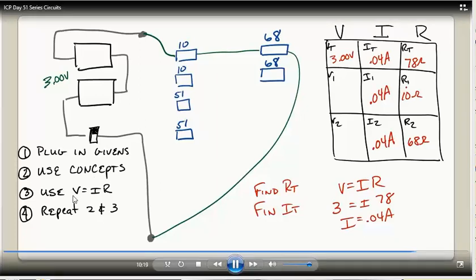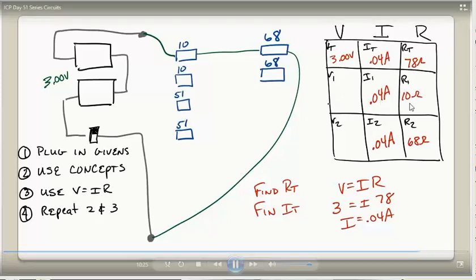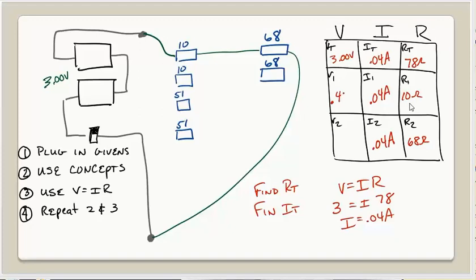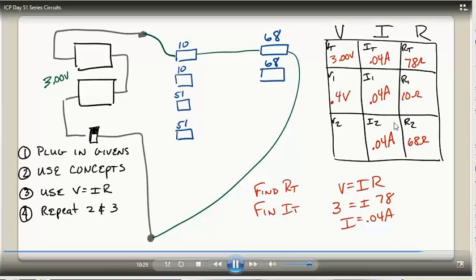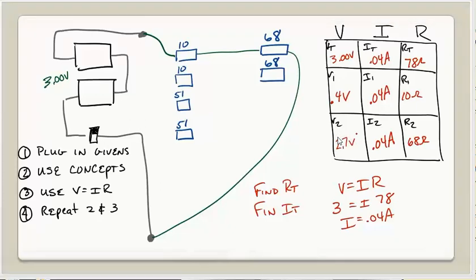Step 3, use V equals IR. 0.04 times 10 gives us 0.4 volts. Here we use 0.04 times 68 because I times R equals V. And that gives us 2.7 volts.